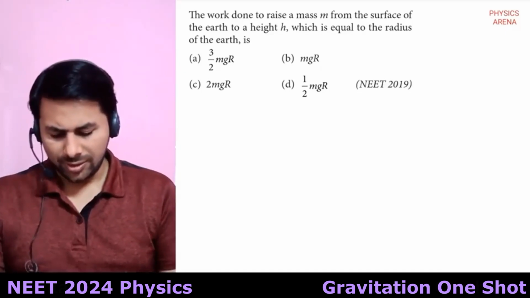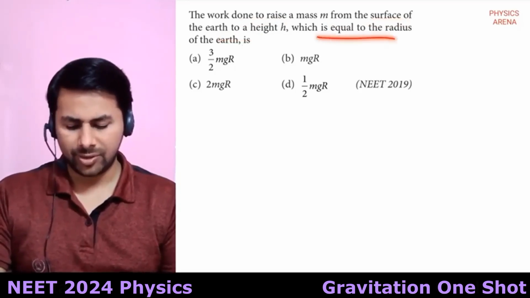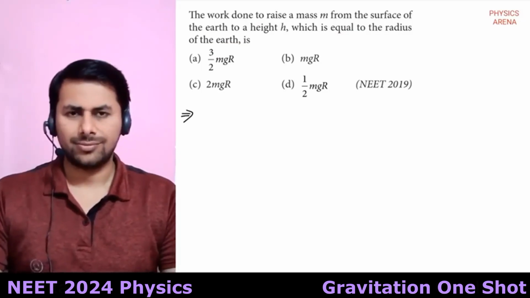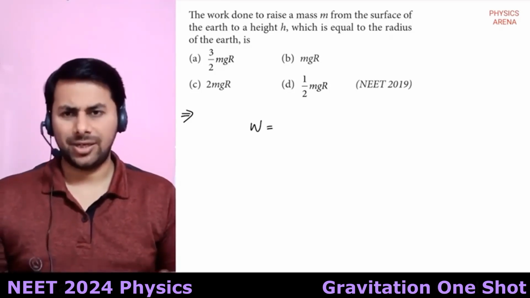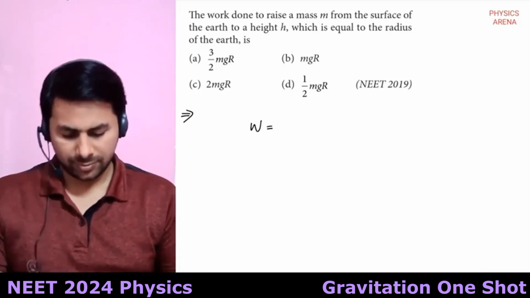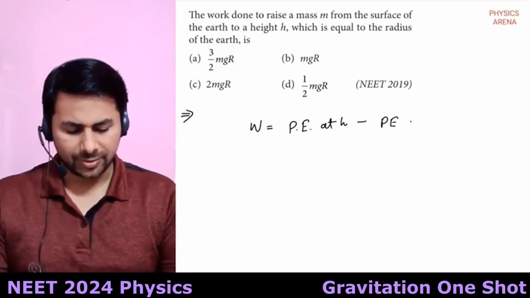Next question. The work done to raise a mass m from the surface of Earth to a height h, which is equal to the radius of Earth, is? Work done is equal to change in energy. So it is potential energy at height h minus potential energy on Earth.